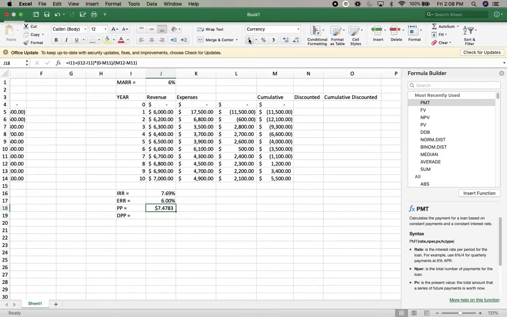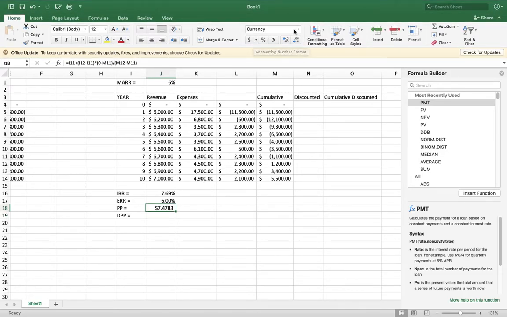And that's not supposed to be that way. We'll just put it in the general format. So we get that the payback period would be in between 7 and 8, obviously, and when we do the interpolation, we get 7.478.